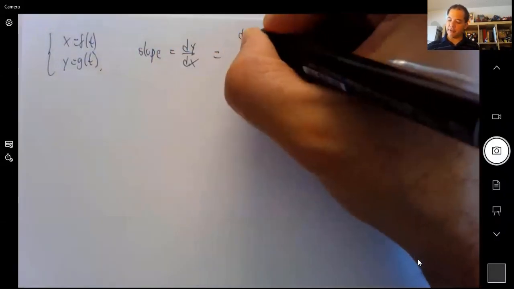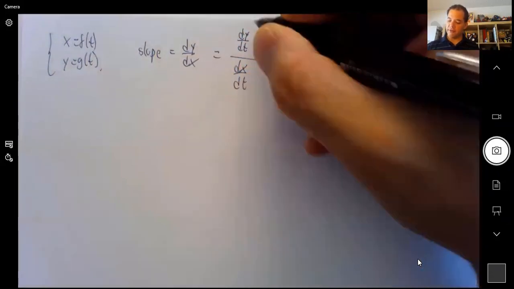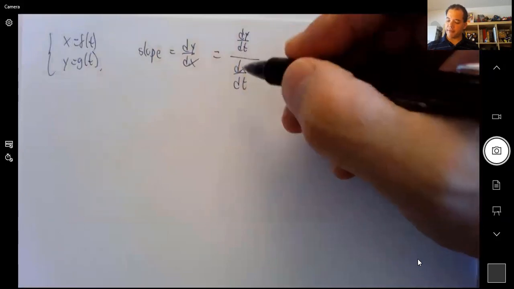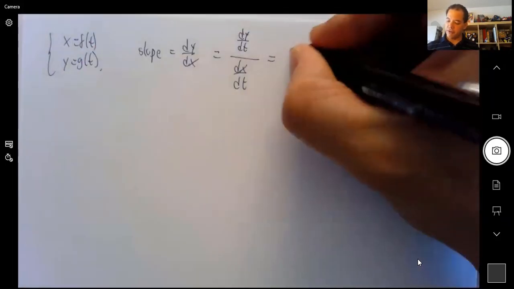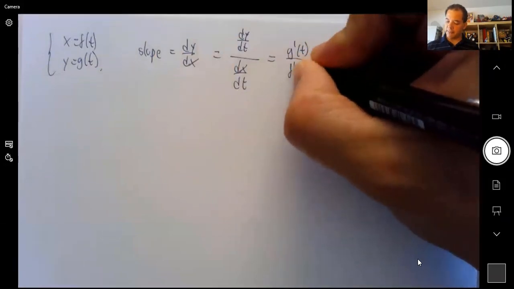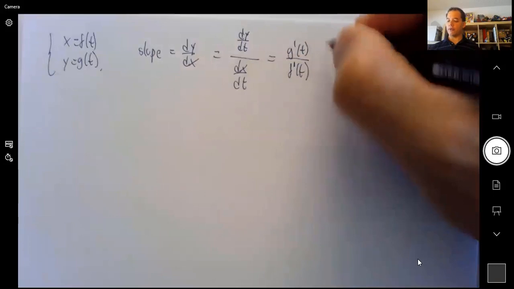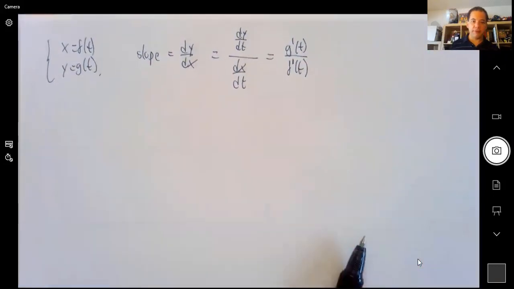And we found out that there's a very easy way to do this. Just do the derivative of the y part divided by the derivative of the x part. In other words, g prime divided by f prime at the point where you want them, right? So that's all we need to do problems like this one.